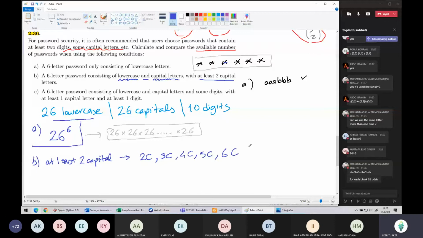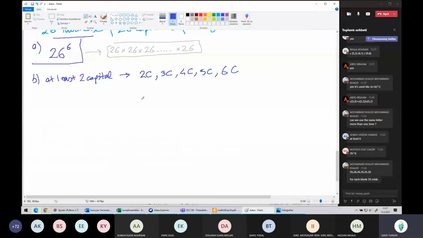But this is the long way. What is the short way? The short way is you find the sample space minus no capital, minus 1 capital.